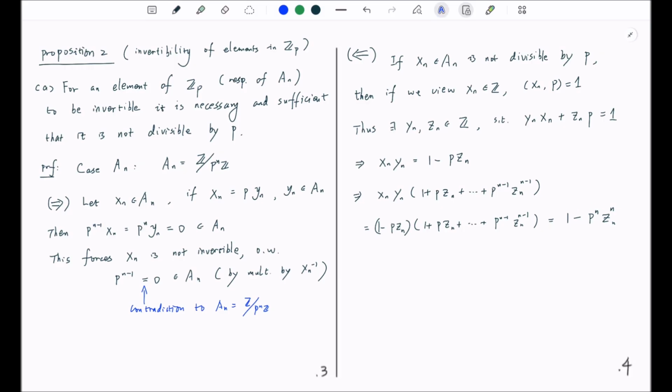But what is this? This is just congruent to 1 modulo p^n. Therefore, modulo p^n, we have found an inverse to x_n, which is this thing.